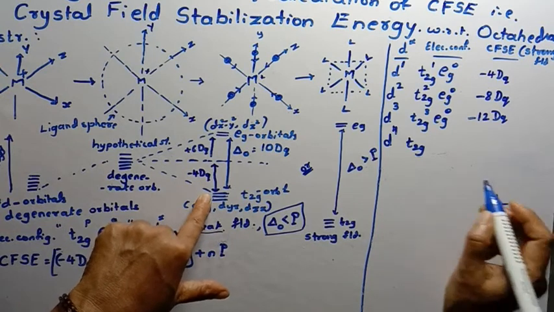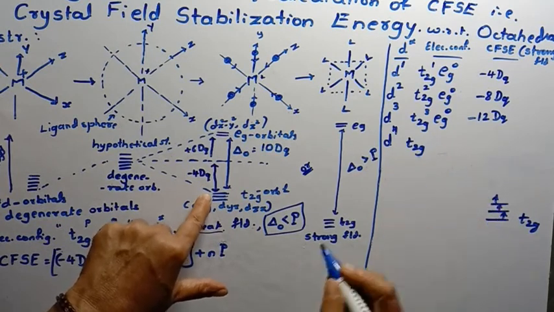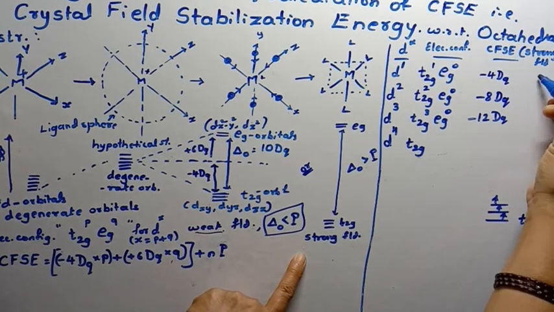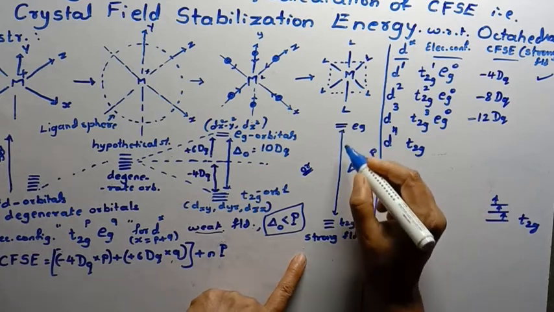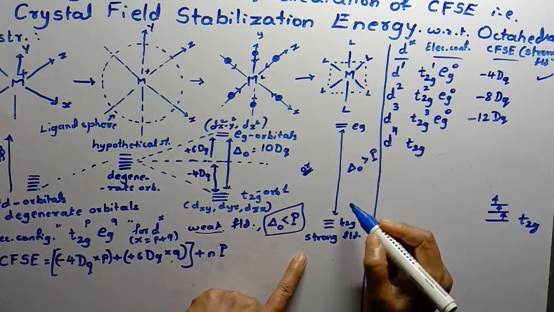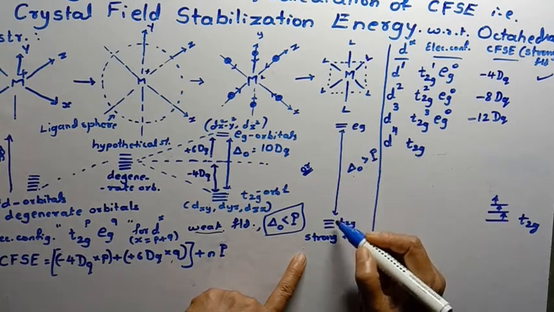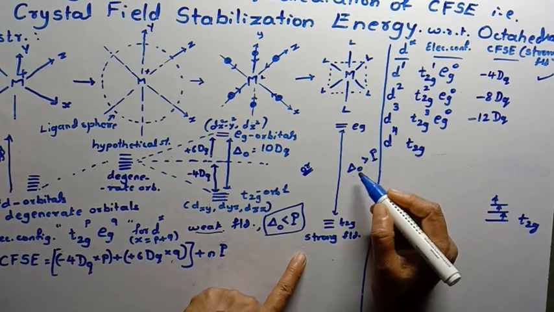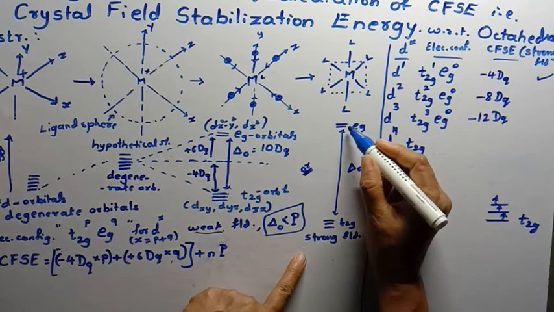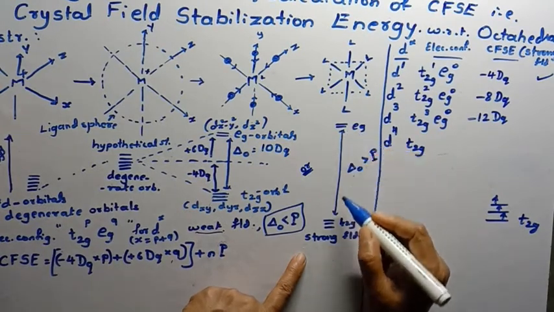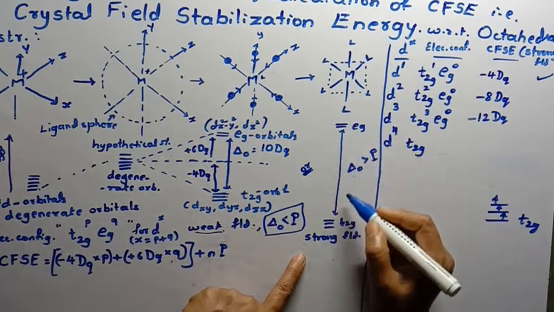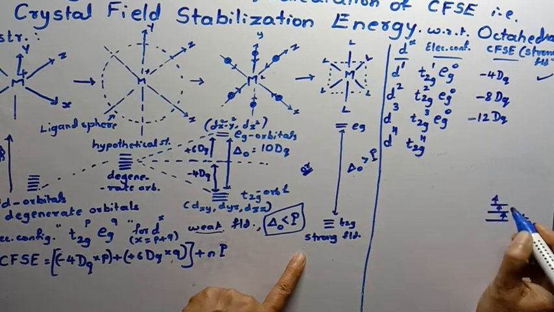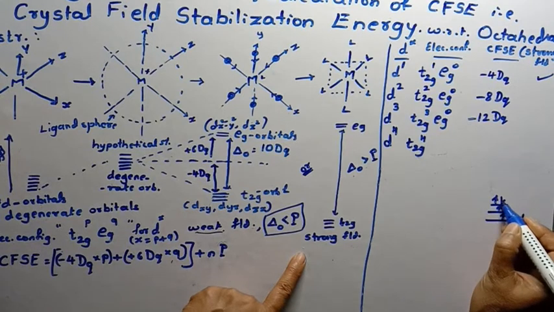Now d4. If the field is a strong field, delta O is greater than pairing energy. So pairing energy is less, and going to the higher energy level is difficult because of the large energy difference. Therefore, d4 goes to the t2g level itself: 1, 2, 3, and the fourth will pair up here.